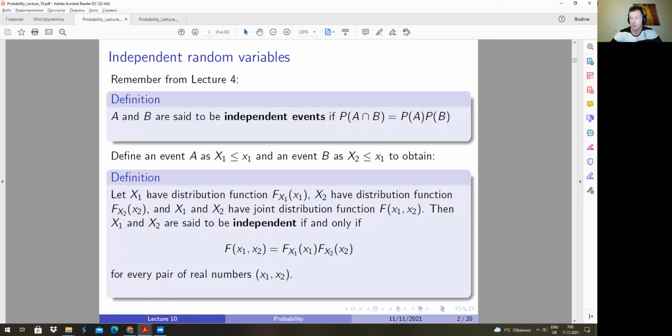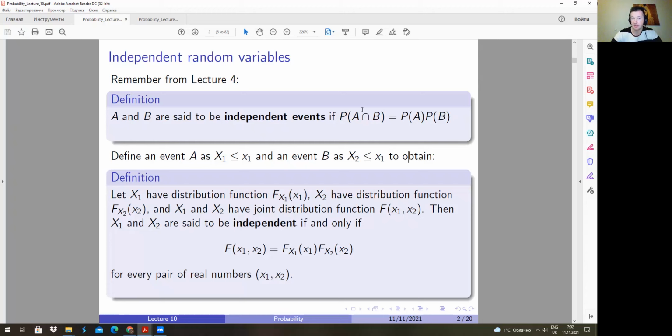So if x1 has a distribution function, so this is the marginal distribution function, capital F of x1, and x2 has its own marginal distribution function, capital F of x2, and both variables have joint distribution function, capital F of x1, x2. Then these variables are said to be independent if and only if this condition holds.